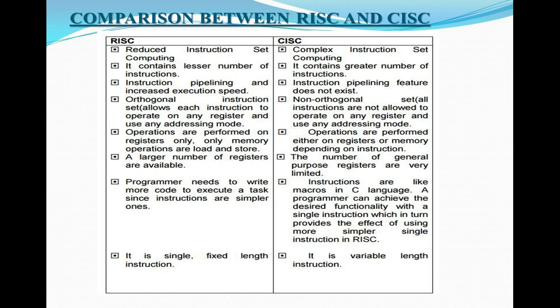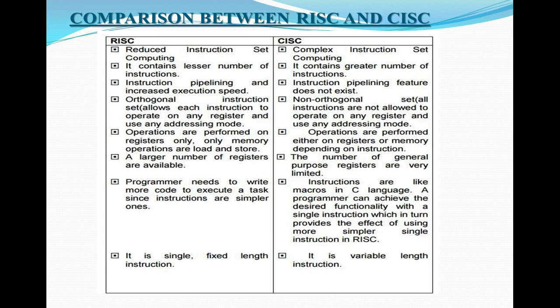The operations are performed on the registers only in RISC, and only memory operations are load and store, while in CISC the operations are performed either on registers or memory depending on the instruction. In RISC a large number of registers are available, and in CISC the number of general purpose registers is very limited.